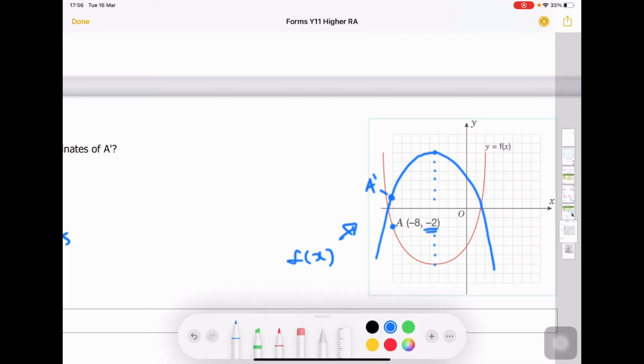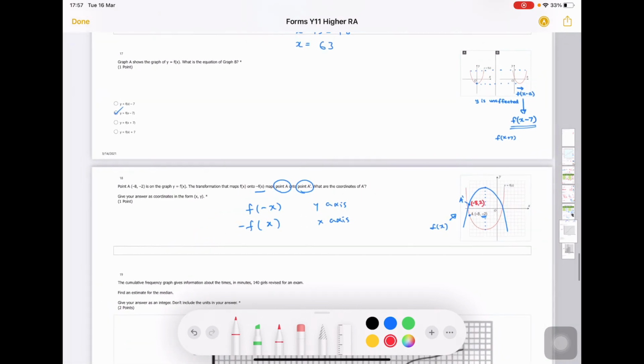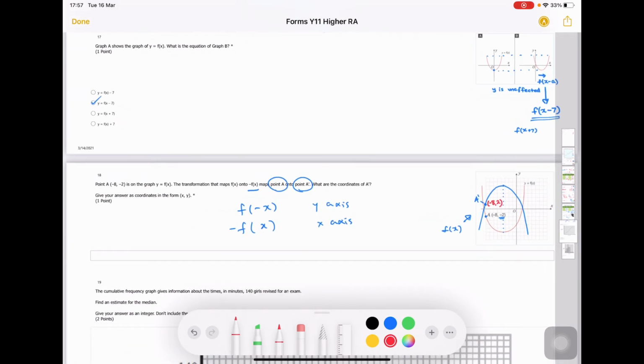I'll say that again, the x value is not changing, so we'll write this. The y value will become positive, so it's -2 right now, and the new value is +2. That would be our answer, -8, 2.